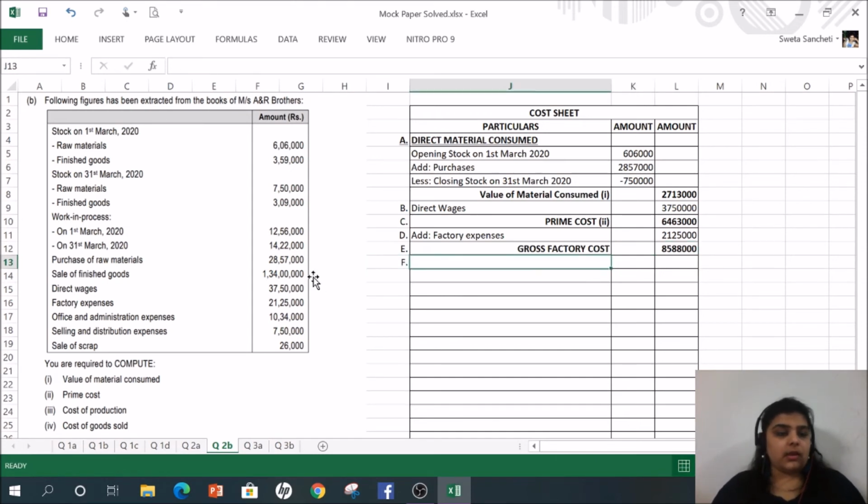Then after that we add our opening stock of WIP, again given to us as 12,56,000, and less closing stock of WIP, that is equal to 14,22,000.